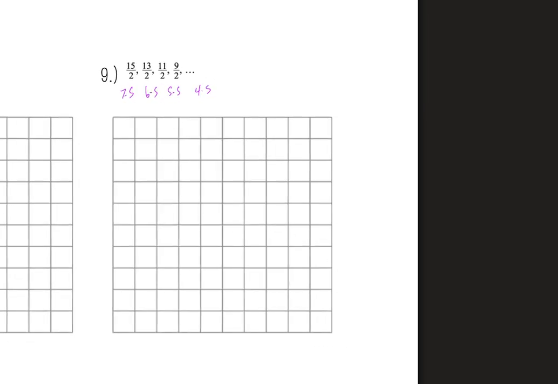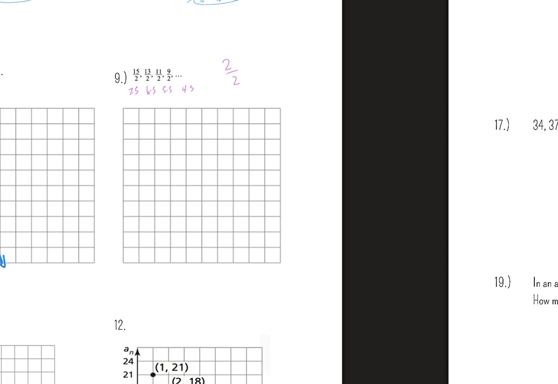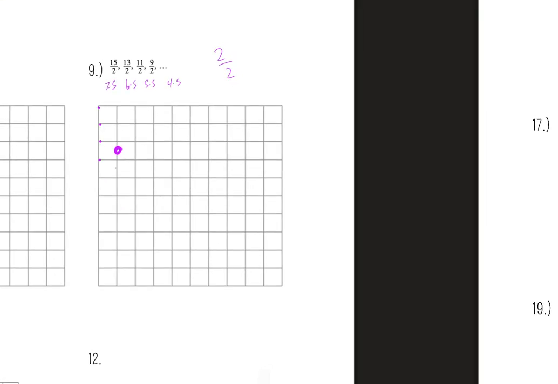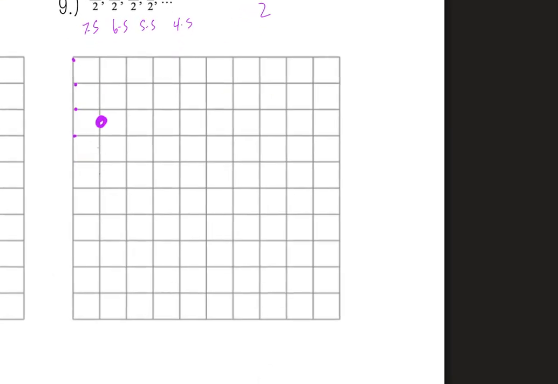And how much are we changing by each time? We're changing by 2 over 2. So really, here's 10, 9, 8, 7. So here's 7.5. And essentially what we're doing is we're going down 2 over 2, like that.